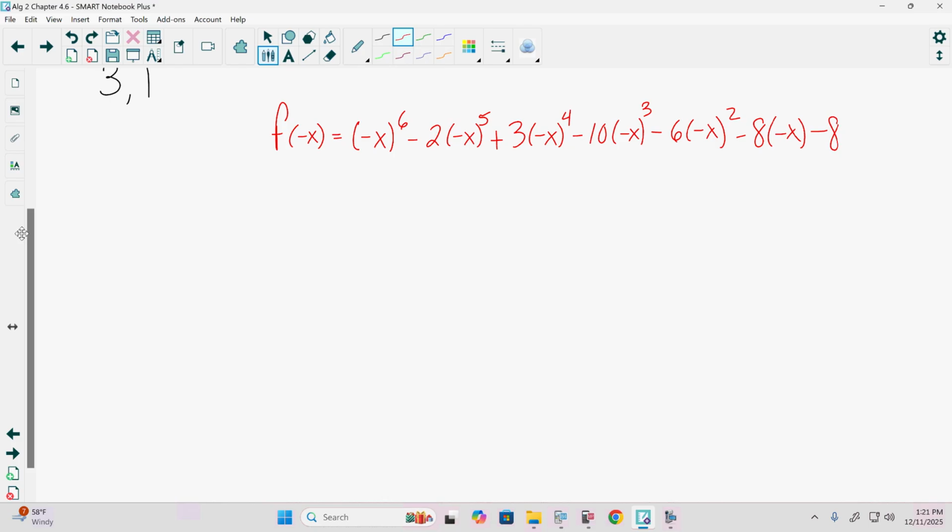Questions on this so far? Now, I'm going to look at this term first. You don't have to write this. But negative x to the 6th really says we're just taking negative x and multiplying it by itself 6 times, yes?